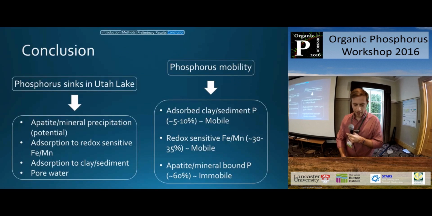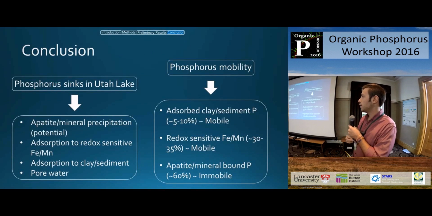In conclusion, I found that apatite is in Utah Lake, and it has the potential to be precipitated, which would make it not very bioavailable for plant use. However, there is a lot of redox-sensitive iron and manganese, which during storm events might be oxidized after being resuspended, releasing a lot of the phosphorus that has been sorbed. There are high amounts in the pore water, which could also be released during these storm events.